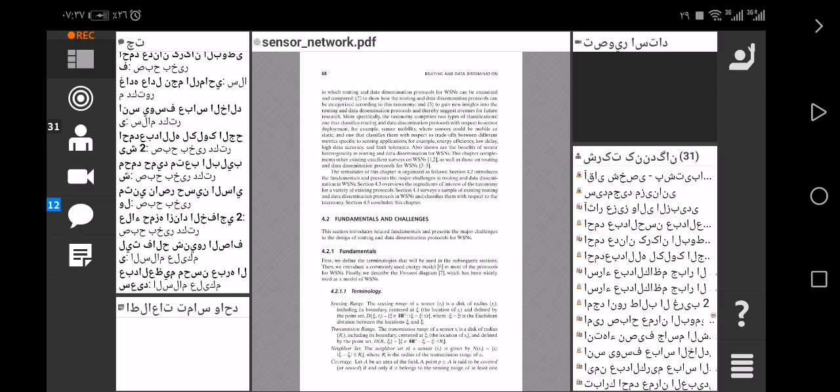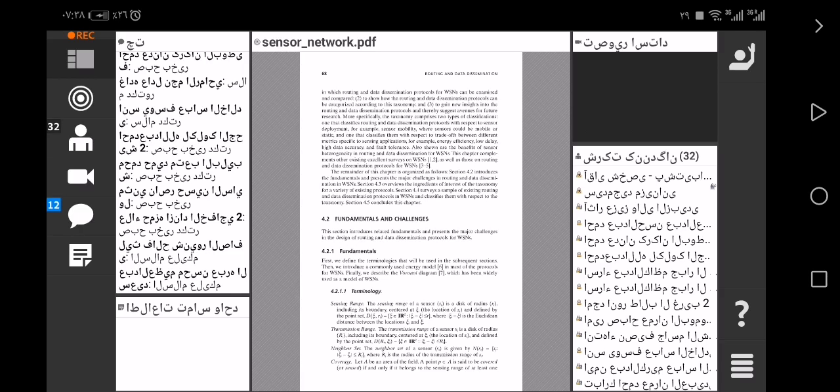Okay, more specifically, the taxonomy comprises 2 types of classification. One that classifies routing and data dissemination protocols with respect to sensor deployment, for example, sensor mobility, where sensors could be mobile or static, and one that classifies them with respect to trade-offs between different metrics specific to sensing applications.